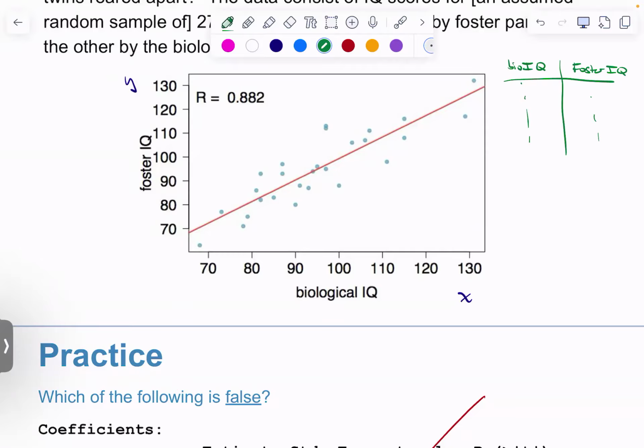I'm just highlighting that because you can find the mean of each of these. You can find the standard deviation of each of these. You would have the n's. The n's should be 27 for each of these, because you should have 27 dots.